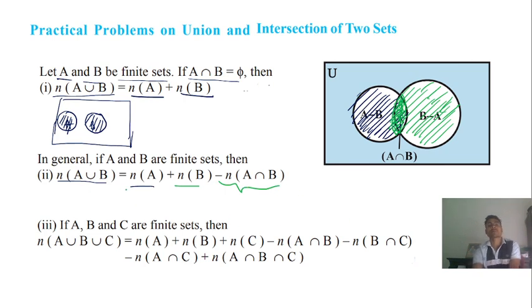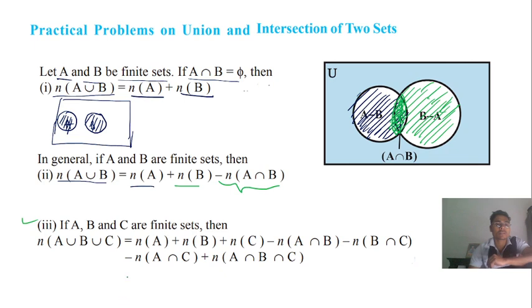So this is the general formula in case of two sets: the number of elements in A union B equals the number of elements in A plus the number of elements in B minus the number of elements in A intersection B.